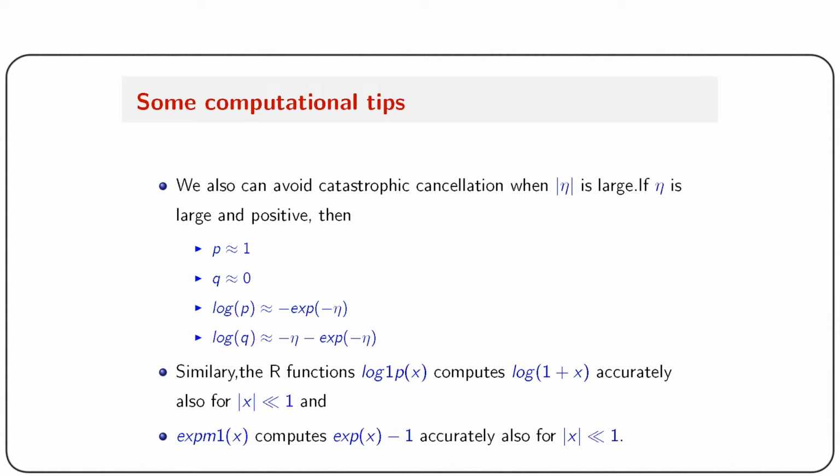Similarly, the R function log1p(x) computes log of 1 plus x accurately, also for modulus of x far less than 1, and the expm1 function computes e to the power x minus 1 accurately, also for modulus of x far less than 1.